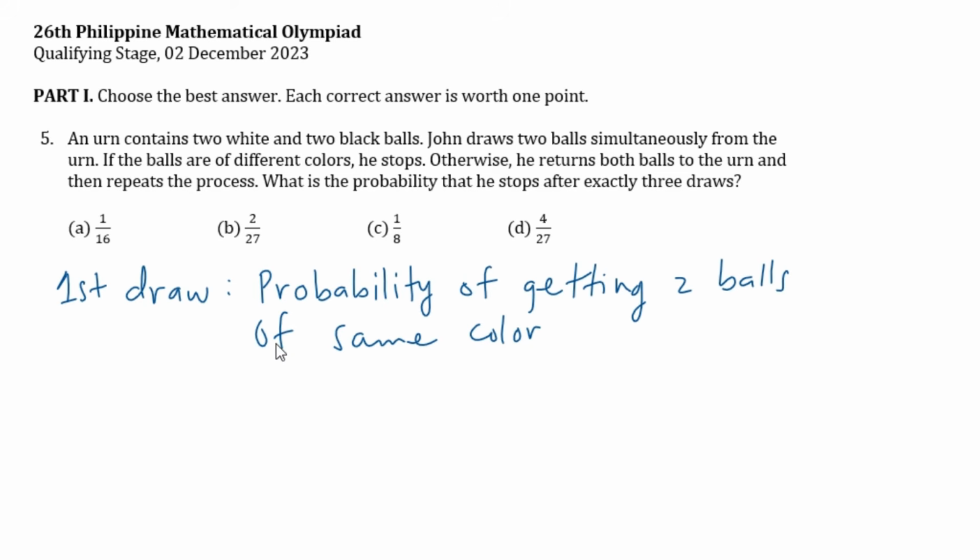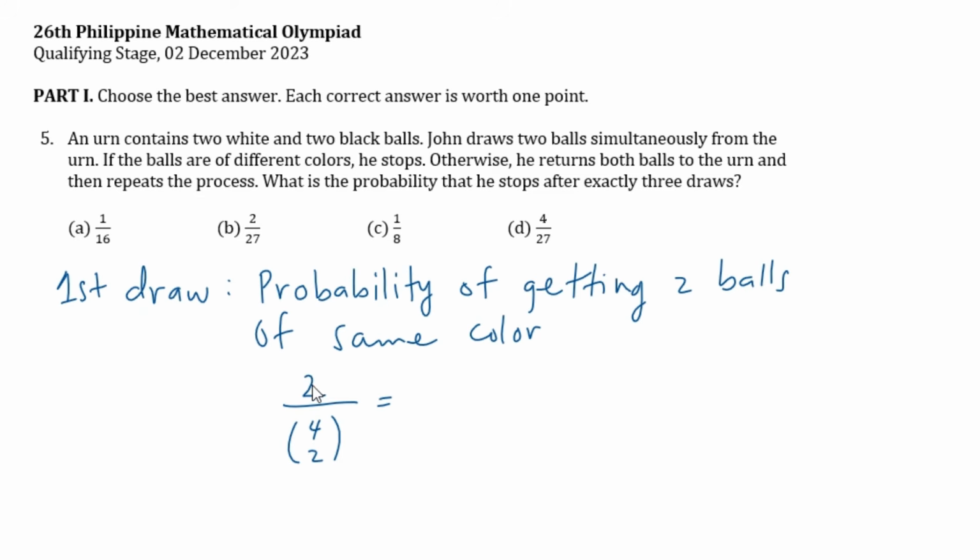Okay, so that is just 2 divided by 4 choose 2. So 4 choose 2 represents the total number of ways that John can draw 2 balls out of 4.